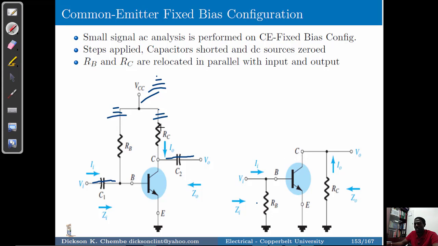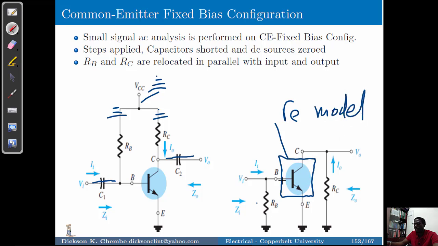But then we're able to see that because we have a common ground, this is grounded and that is grounded, we're able to take this resistor, the collector resistor, connected to this output section. And then we've got the RB, the base, which is part of the input section, to remain on the input side. So this is the way our circuit applies. But then we have to now replace this symbol by the r-e model. Okay, our r-e model.